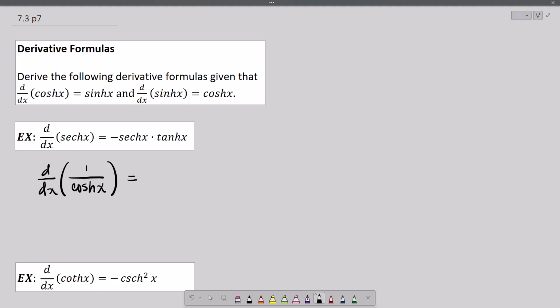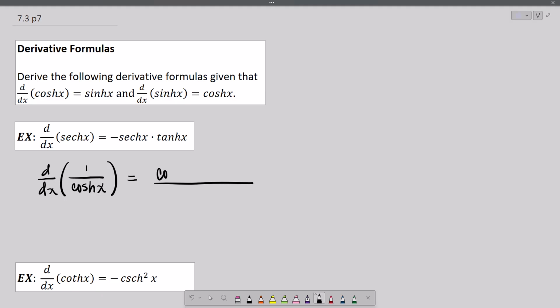Sech is 1 over cosh, just like secant is 1 over cosine. And then what formula do we use for that derivative? The derivative of a quotient will be done using the quotient rule. Shocking. So you have to remember your quotient rule. I use the thing: low d high minus high d low over low squared. Different teachers teach it different ways, whatever your method is.